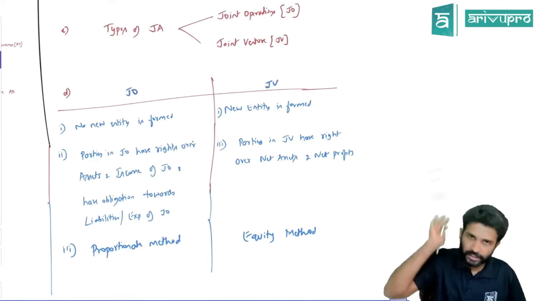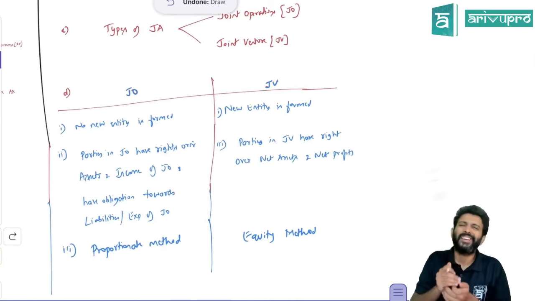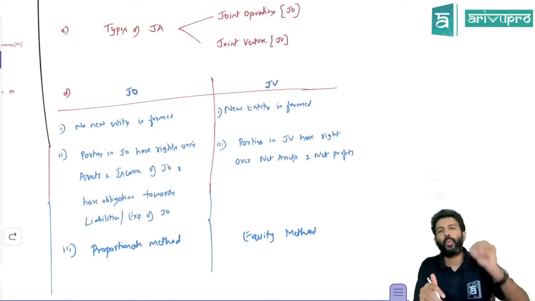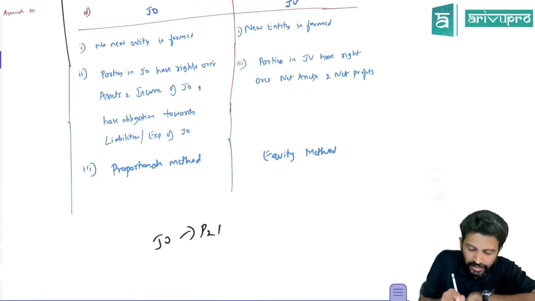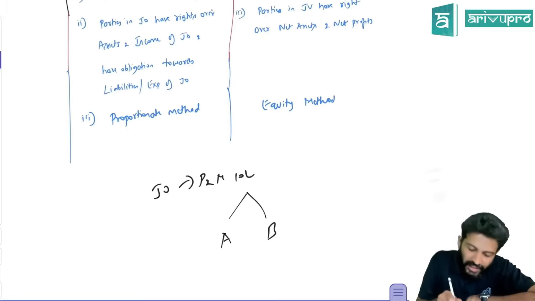If it is a JO, then we do the proportionate consolidation method. Let's say there is a joint operation with two parties, A and B, and the JO has plant and machinery worth 10 lakh rupees. A and B each have a 50% share.